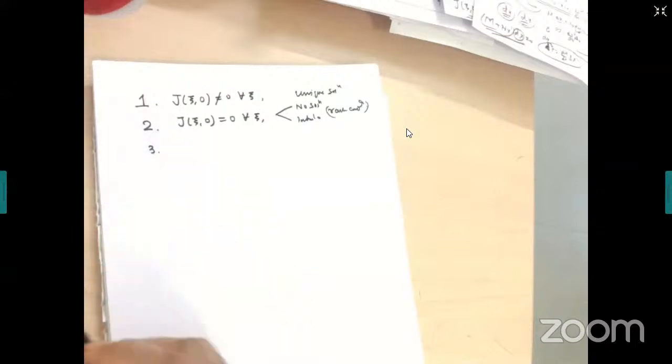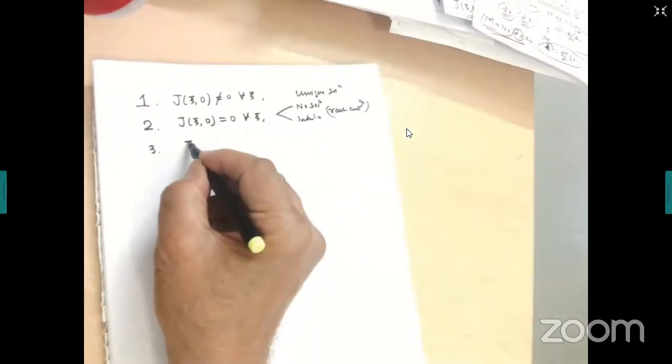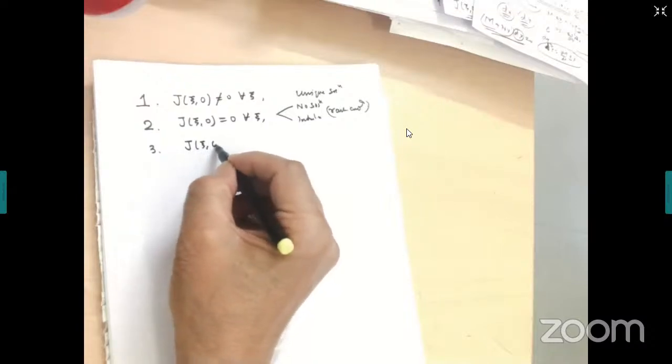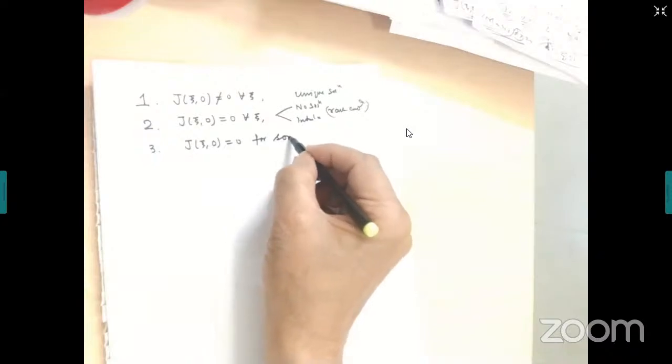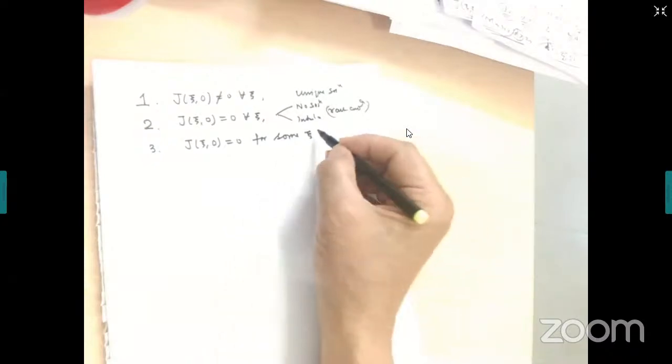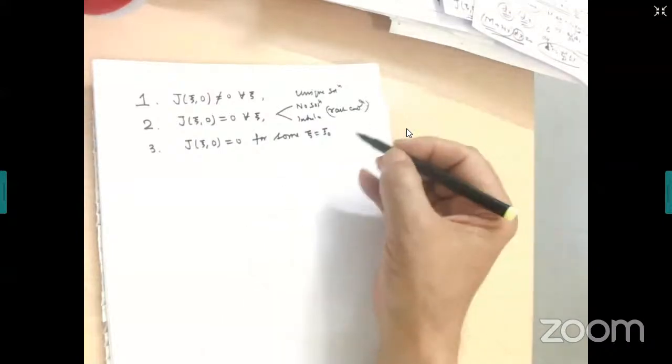Number 3, that is very important. It is quite possible that J of xi equals 0 for some xi, say xi is equal to xi naught, some specific point on gamma.